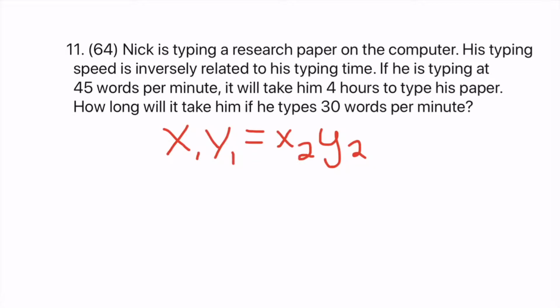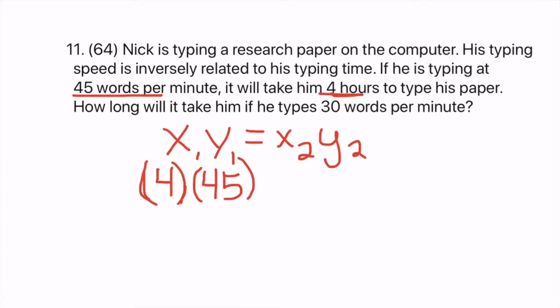So all this is you take your first xy pair, which was 45 and 4, that's our first one. So we will plug in 4 for x and 45 for y. And again, we're multiplying, so it really doesn't matter which order you put those two numbers in. And this equals our second set.